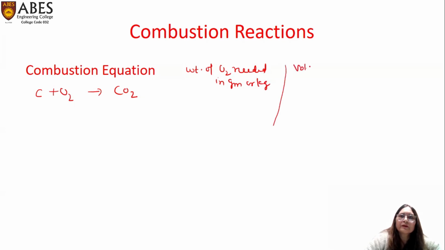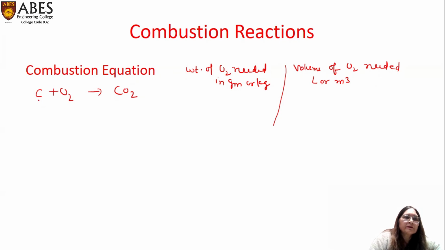Volume of oxygen needed for the combustion in liter or meter cube. As you all know, 1 meter cube is equal to 1000 liter.